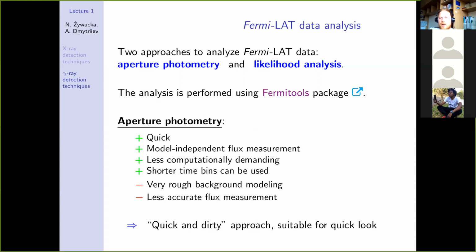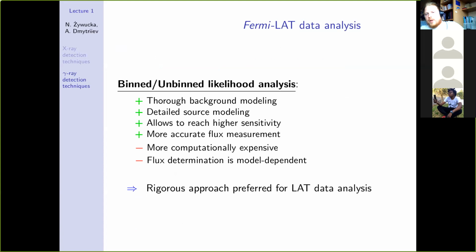But for a reliable analysis, for publication results, for making some conclusions about the source, you need to really involve likelihood analysis, which is a whole different story. It can come in 2 different variations: binned likelihood or unbinned likelihood.